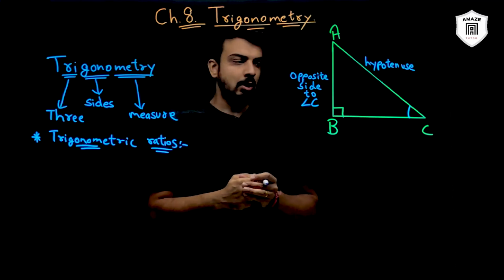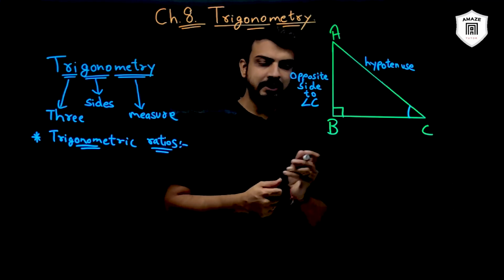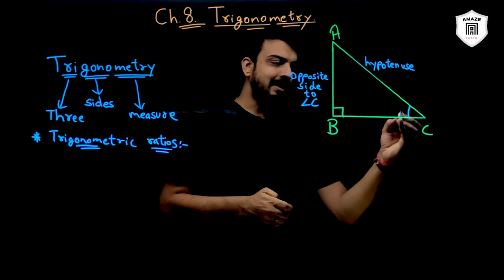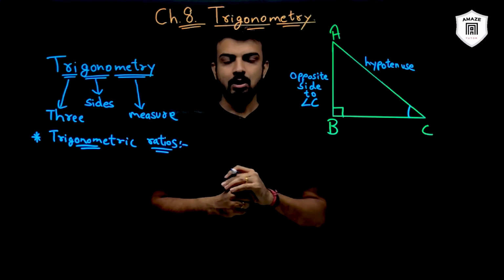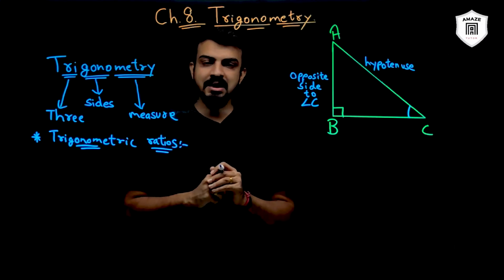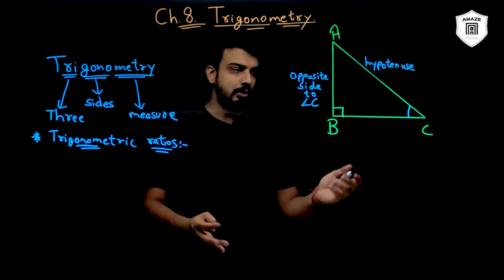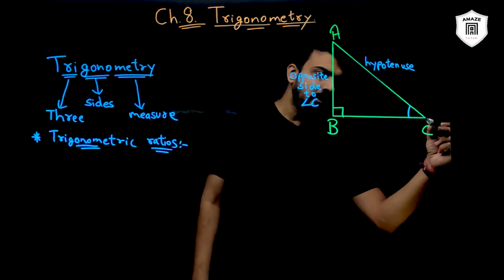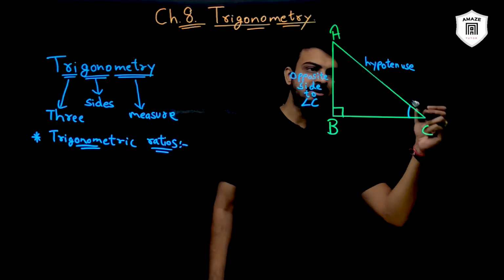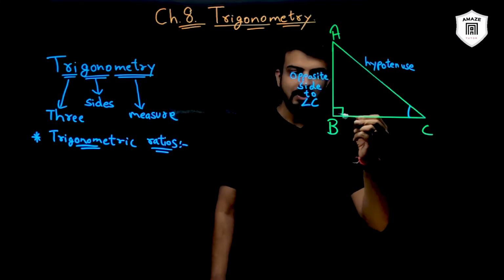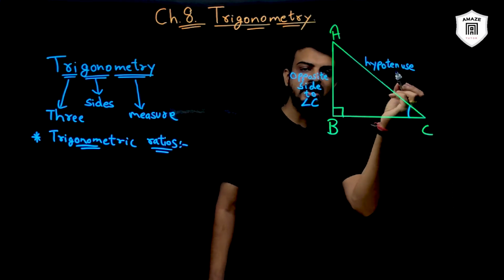Now, what is BC for angle C? What are the adjacent sides? Adjacent sides are the sides next to it. For angle C, there are two sides adjacent to it, which are CA and CB. But CA we have already named the hypotenuse.